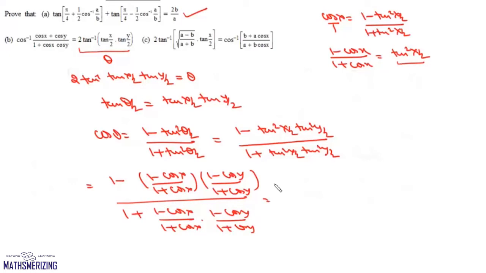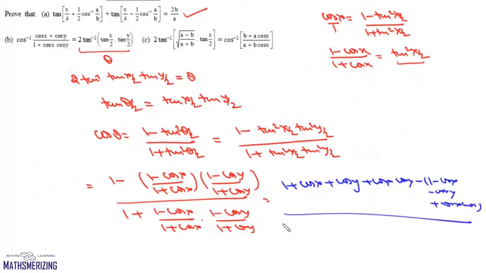Now we'll take LCM and simplify. We can write (1 plus cos x plus cos y plus cos x into cos y) minus (1 minus cos x minus cos y plus cos x cos y), and the denominator will get (1 plus cos x plus cos y plus cos x into cos y) plus (1 minus cos x minus cos y plus cos x into cos y).